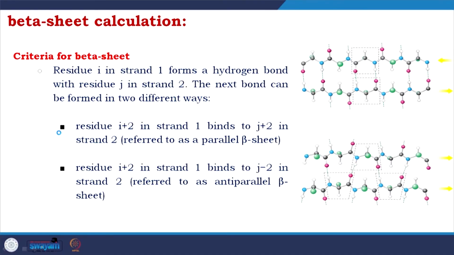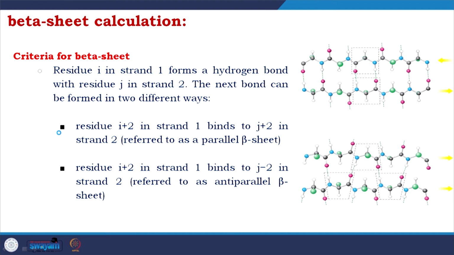Beta sheet, criteria for beta sheet: residue i in strand 1 forms a hydrogen bond with residue j in strand 2. The next bond can be formed in two different ways. Residue i plus 2 in strand 1 binds to j plus 2 in strand 2, which is referred to as a parallel beta sheet. Residue i plus 2 in strand 1 binds to j minus 2 in strand 2, referred to as an anti-parallel beta sheet.